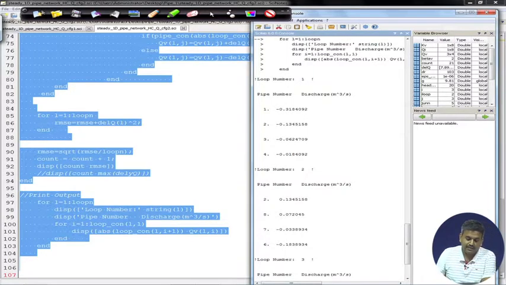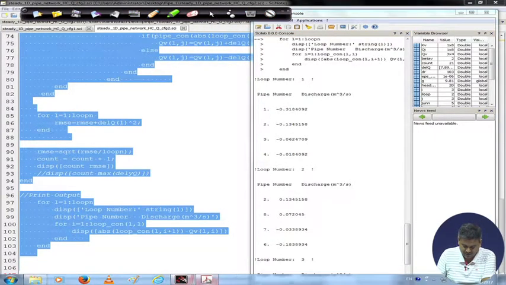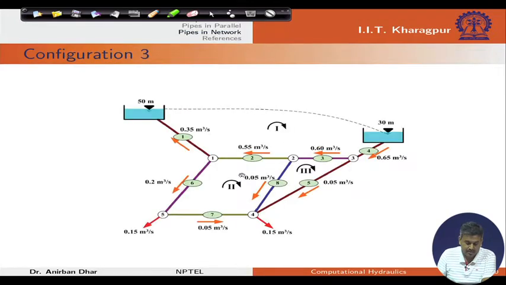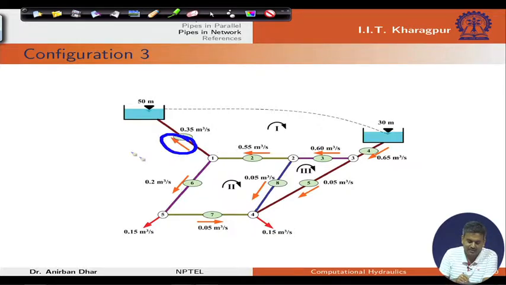Now, let us change this configuration or direction of flow. So, let us change this direction. Now, in this case let us consider that flow is from right to left. So, flow is towards this tank which is having higher elevation.